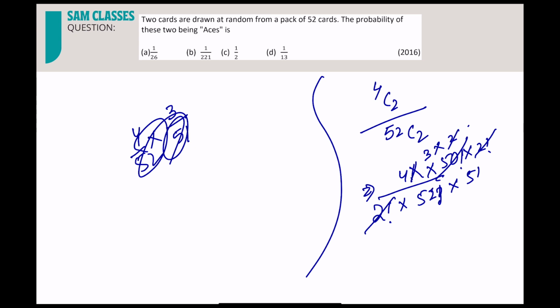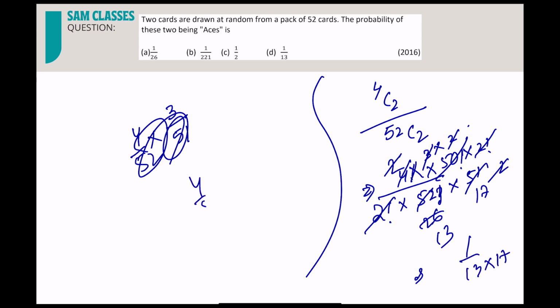So 4, 52, 2, 26, 3, 17, 2, 13. This 2 is gone, cut. 4, 2, one more 2 will come here.